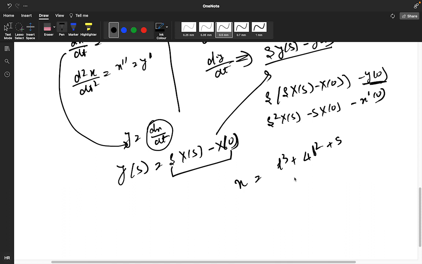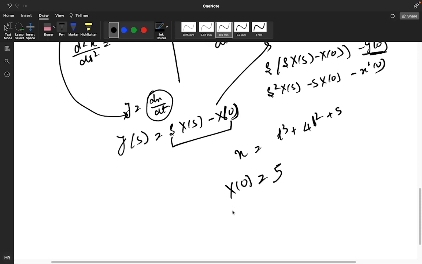So what is the x of 0 value? Substitute t equals 0, you will get 5. And what is x dash of 0? It means dx by dt, so differentiate it: 3t square plus 8t.